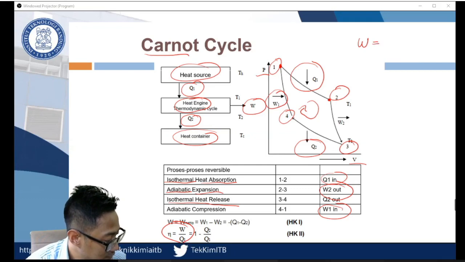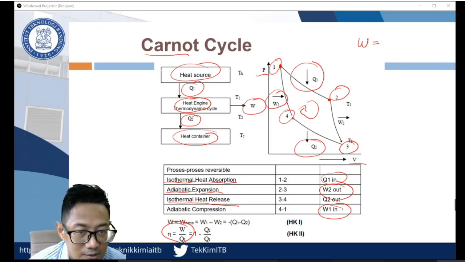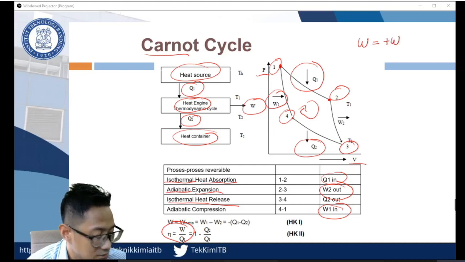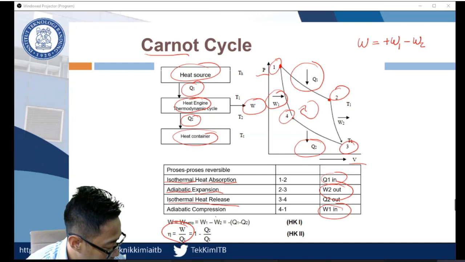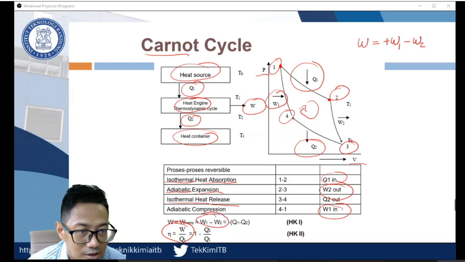Work is equal to work in. Remember, all energy that goes into the system should be given a positive sign. So this one is work 1. How about work 2? Because moving out from the system, we should put minus sign like this. That's why there is a term work in minus work 1 minus work 2.